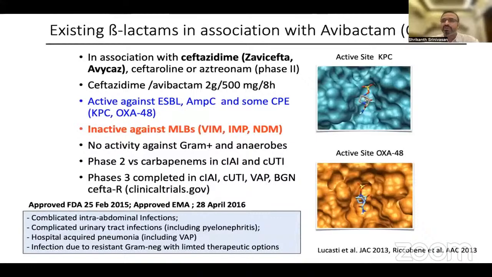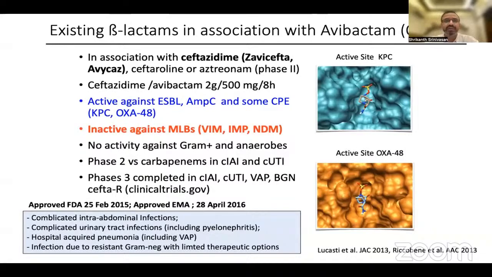So one of the newest things which is being used quite commonly right now is the existing beta-lactam with avibactam combination. Most commonly ceftazidime-avibactam or Zavicefta, or a combination of aztreonam and avibactam. Ceftazidime-avibactam is 2 grams of ceftazidime and 500 milligrams of avibactam, given 8 hourly.